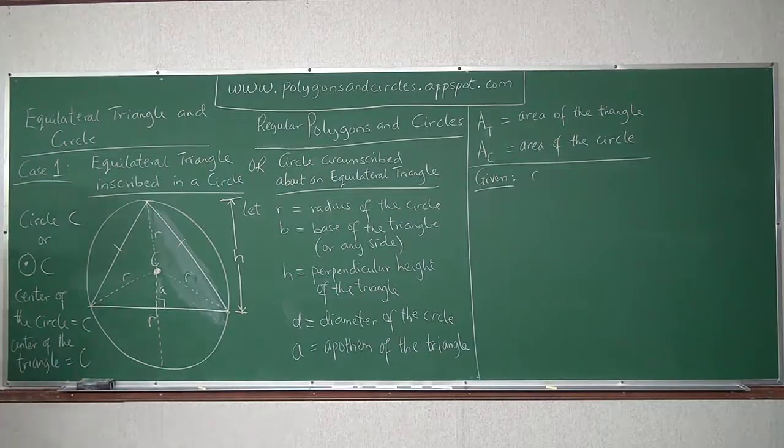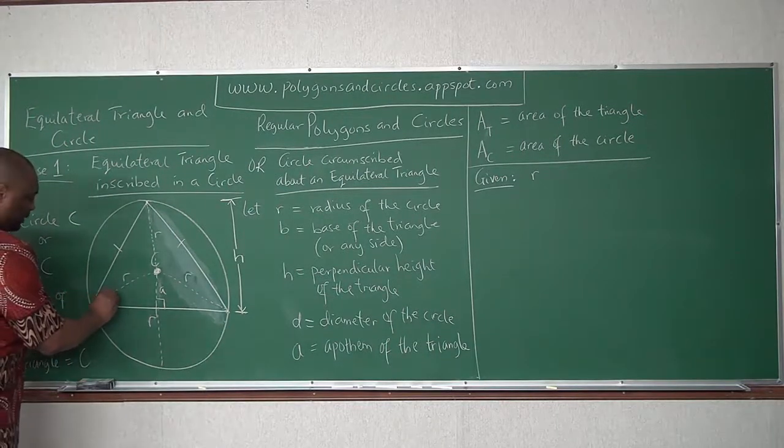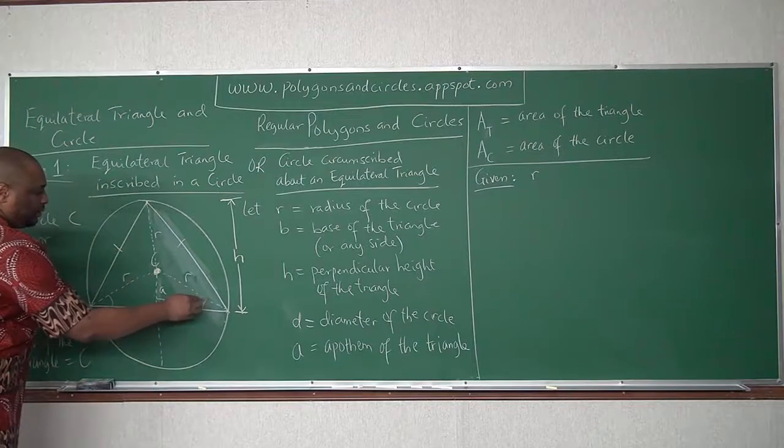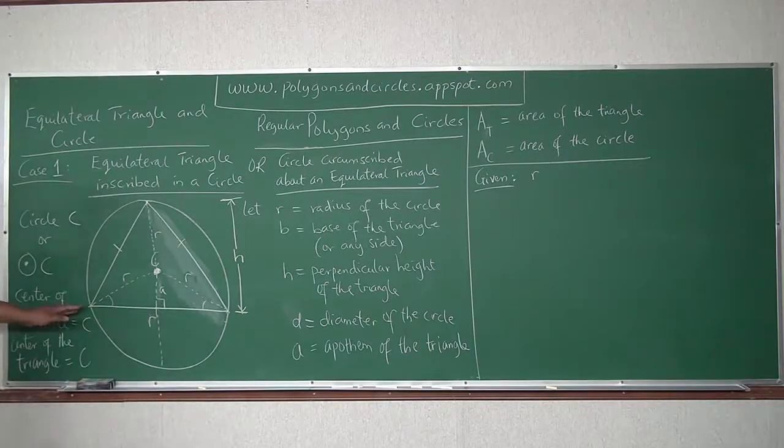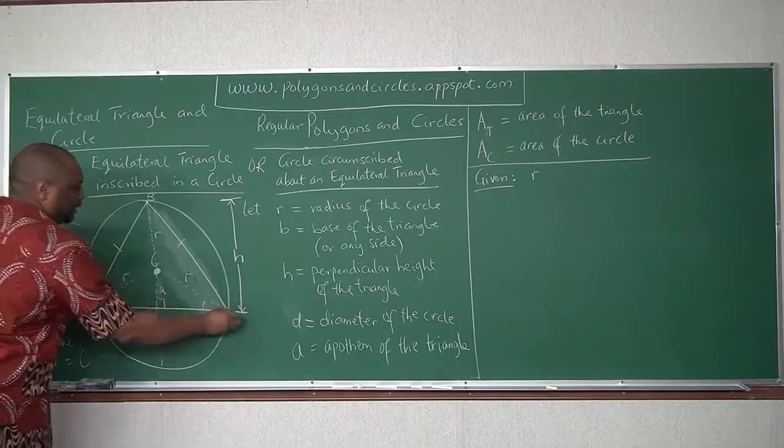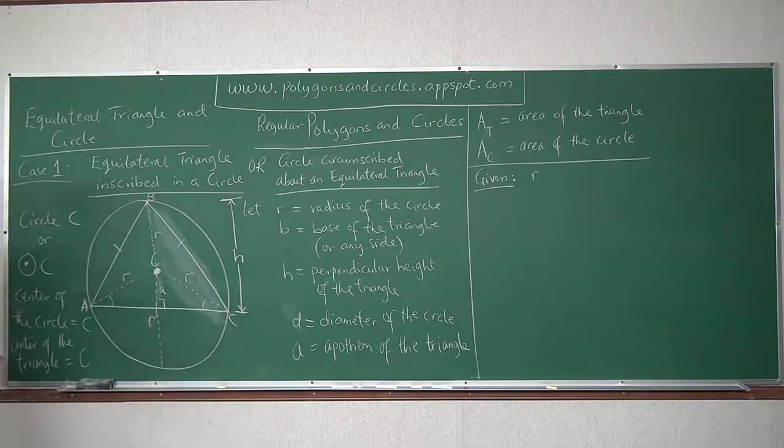We also know that this angle is equal to this angle, an isosceles triangle. Let's assume we call this ABC.